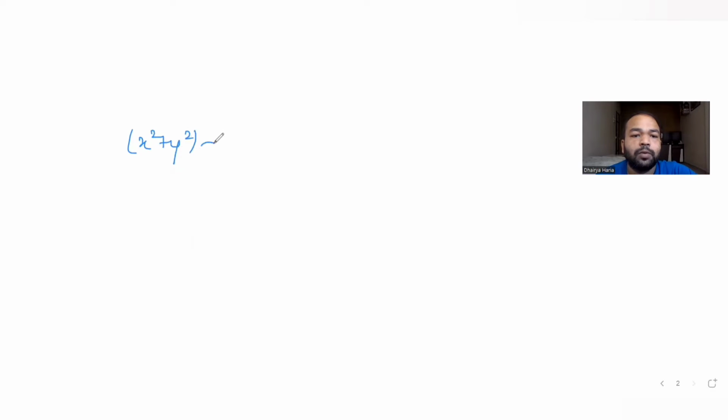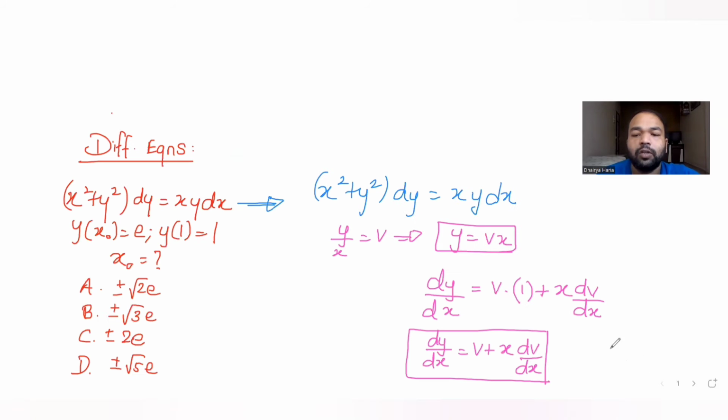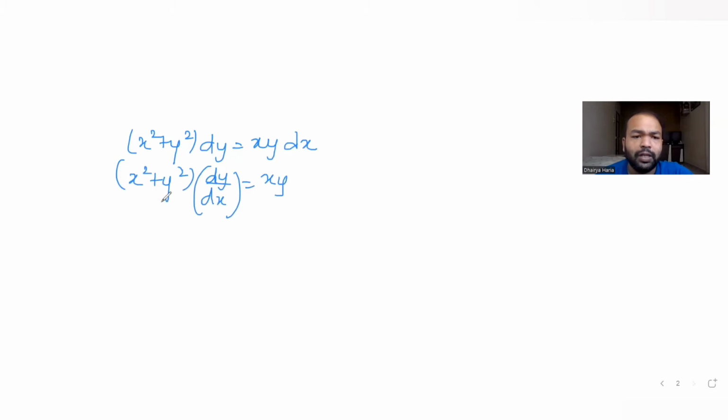We have been given (x² + y²) dy is equal to x y dx. So basically it becomes (x² + y²) dy by dx is equal to x y. Now if I substitute what I have already thought of, that y as v into x, let's do that.